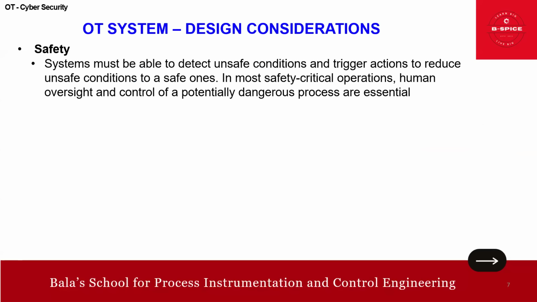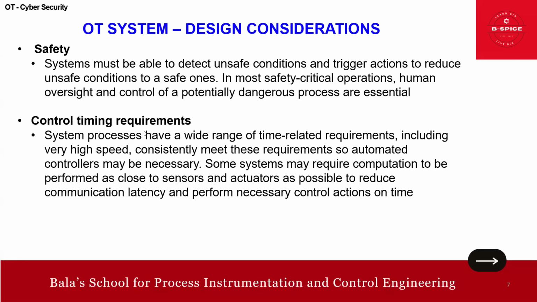Safety. The system must be able to detect an unsafe condition and trigger action to reduce the unsafe condition to a safe one. In more safety critical operations, human oversight and control of potentially dangerous processes are essential. So safety is of the utmost importance. Then control timing requirements.